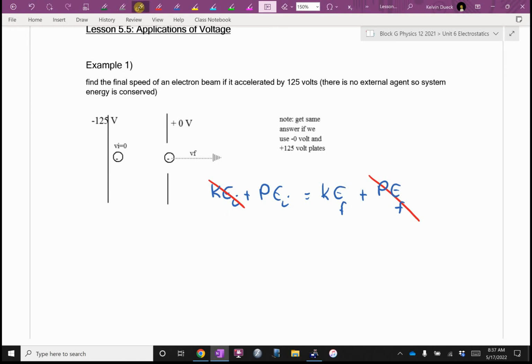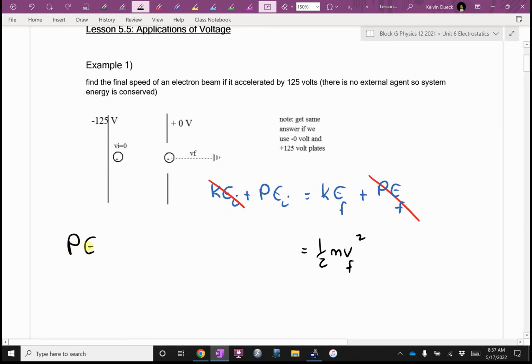So what are we going to get for an actual equation? Well, kinetic energy is still a half mv squared. I guess this would be Vf. What about potential energy? Is this gravitational potential energy? No, this is electric potential energy. Now, we have a couple of ways to do that. Don't write this down.